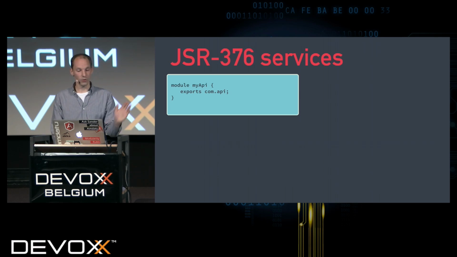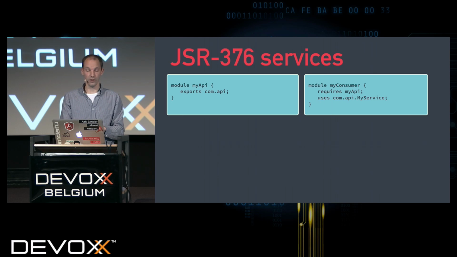And here we have a module myAPI, which exports a package com.api, presumably containing an interface, my service, or my interface, or my service, I don't know. Doesn't matter, but it exports just the interface. And this is the shared contract between the provider and the consumer of a service.